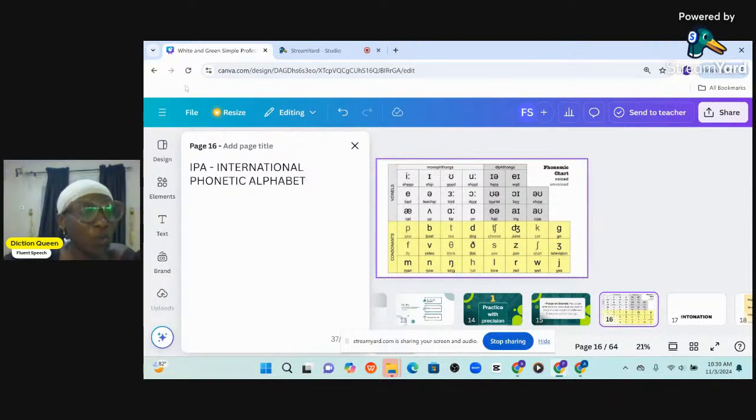Talking about the word international, anytime we are pronouncing a word that ends with the suffix al, the a there should not sound like a full "a." It sounds like a weak vowel.